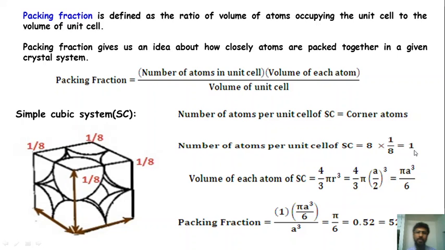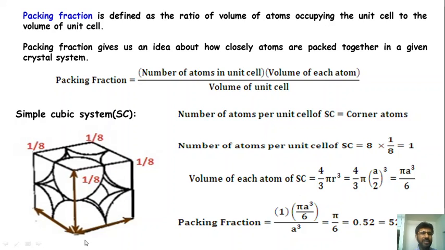Then the volume of each atom is given by the formula 4/3 pi r cube. If we substitute the value of r, the atomic radius of a simple cubic structure, then we can obtain the volume of each atom in a simple cubic structure.